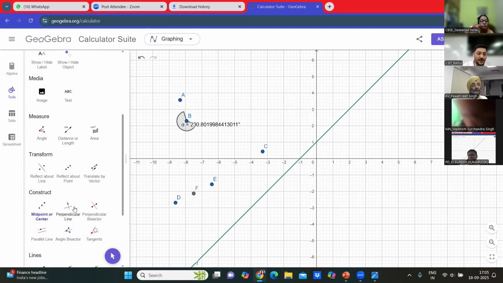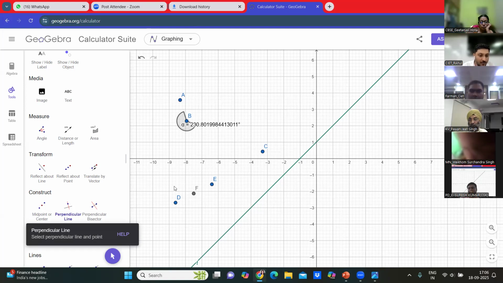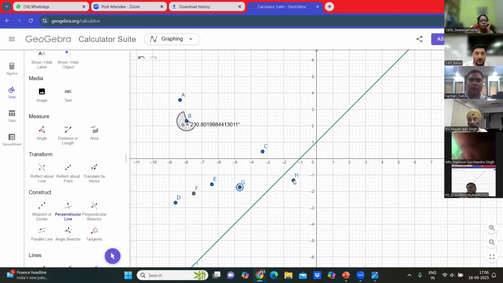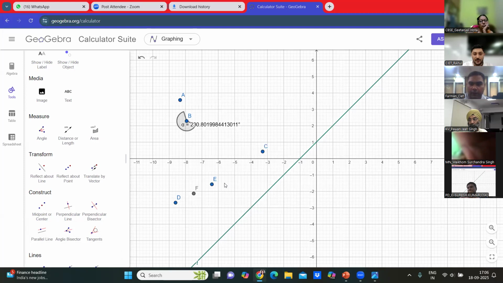If we want to create perpendicular lines, select a perpendicular line and a point. And we got a perpendicular line.